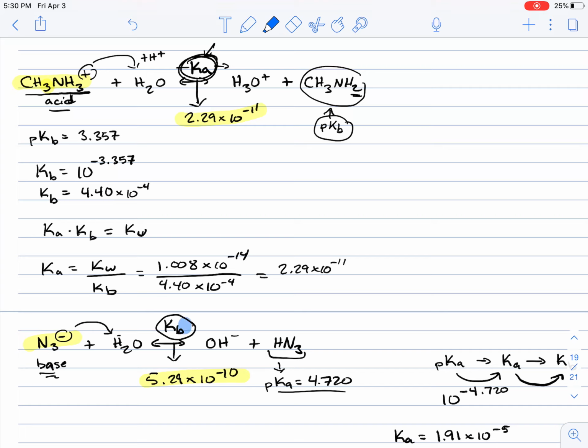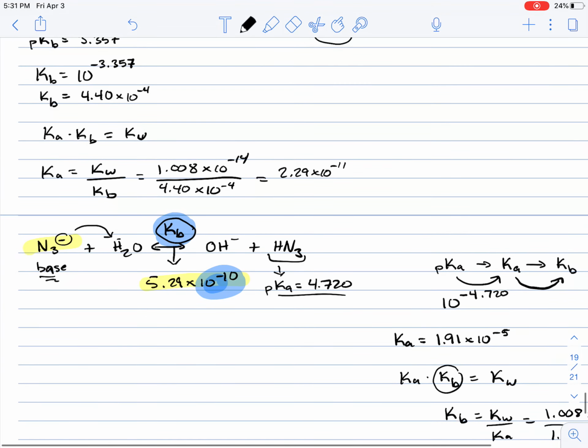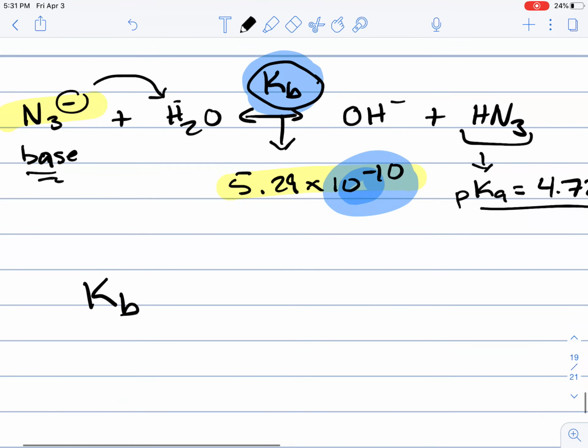If you said Kb, then you're correct. Since the value of Kb is times 10 to the negative 10, that is much greater than times 10 to the negative 11. And so in this scenario, Kb is greater than Ka.